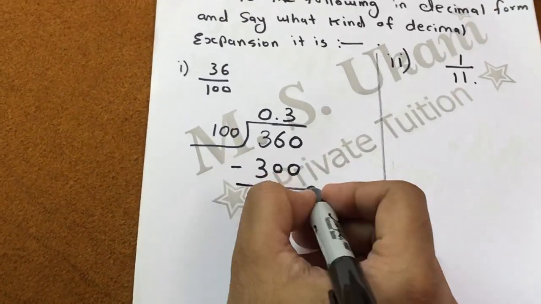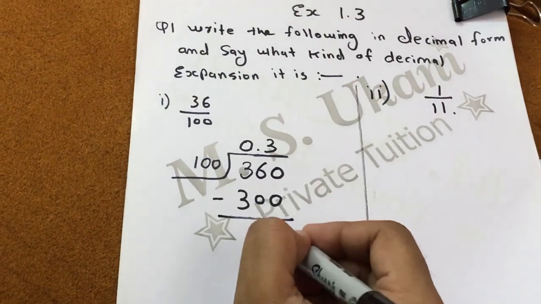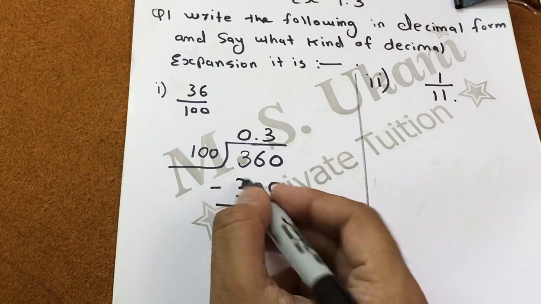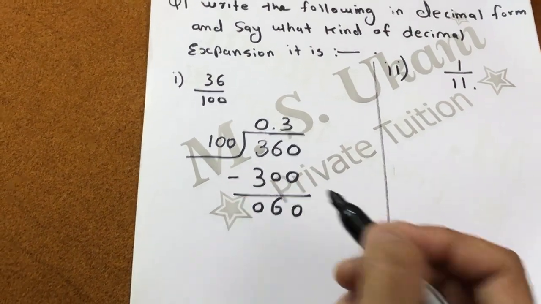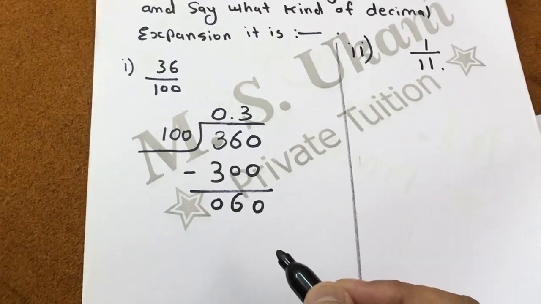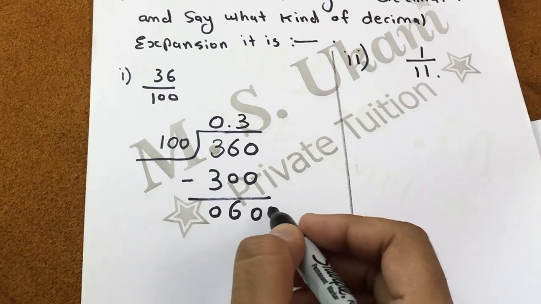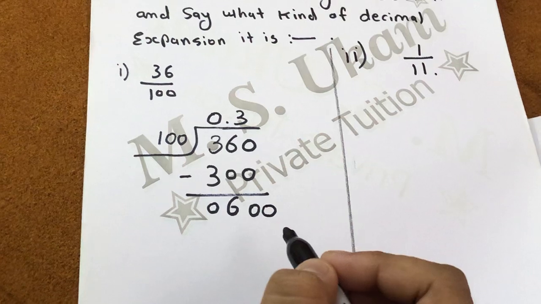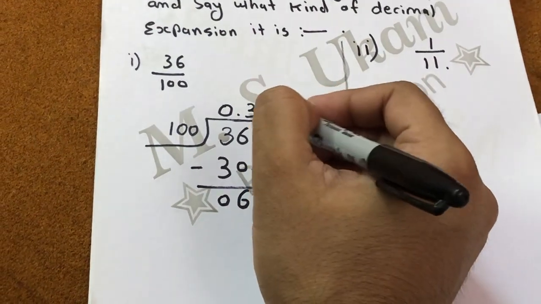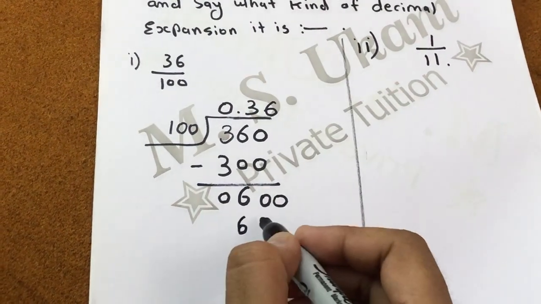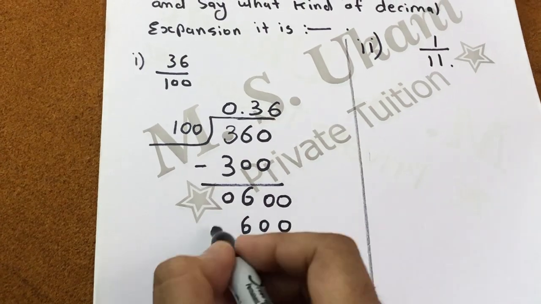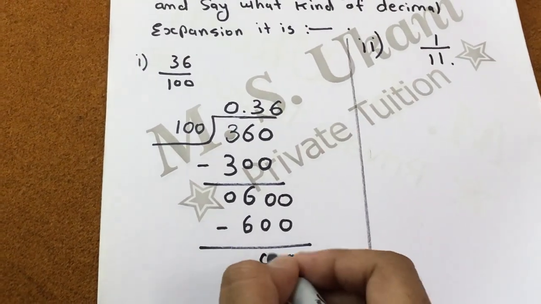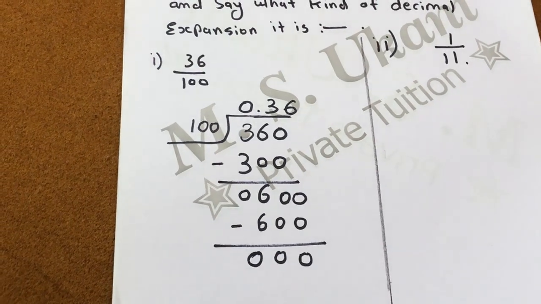Now subtract. Now put again 1 0. So 100 6s are 600. And here if we subtract, our answer will become 0.